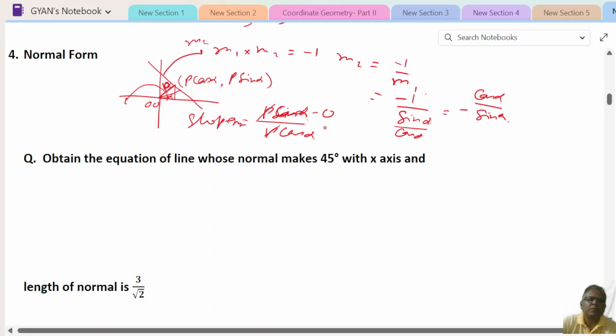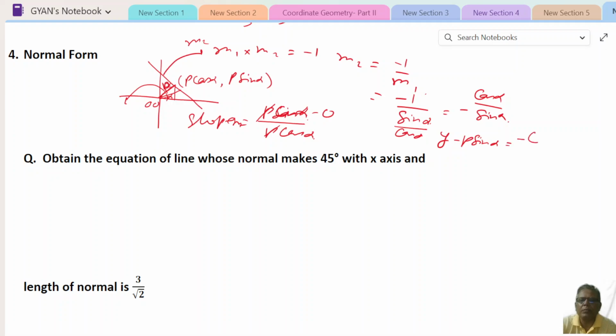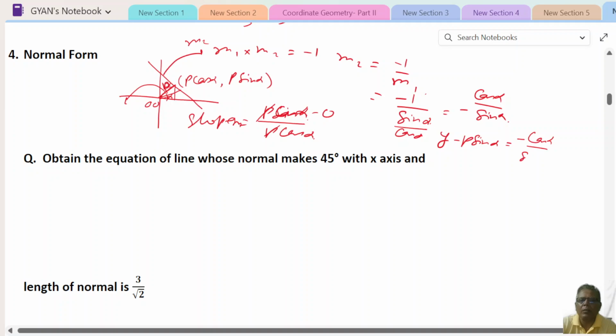So the equation of this one is y minus p sin alpha is equal to minus cos alpha divided by sin alpha into x minus p cos alpha.